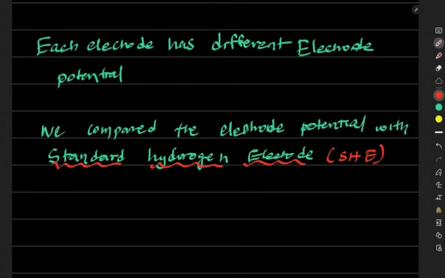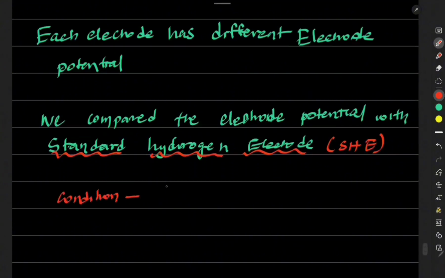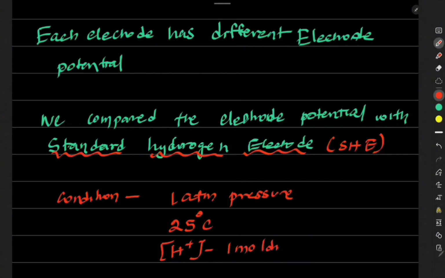And the standard hydrogen electrode is used in some conditions. The conditions are 1 atm pressure, and the temperature should be 25 degrees Celsius. And the concentration of the hydrogen ion, H+ concentration, should be 1 mol dm^-3.